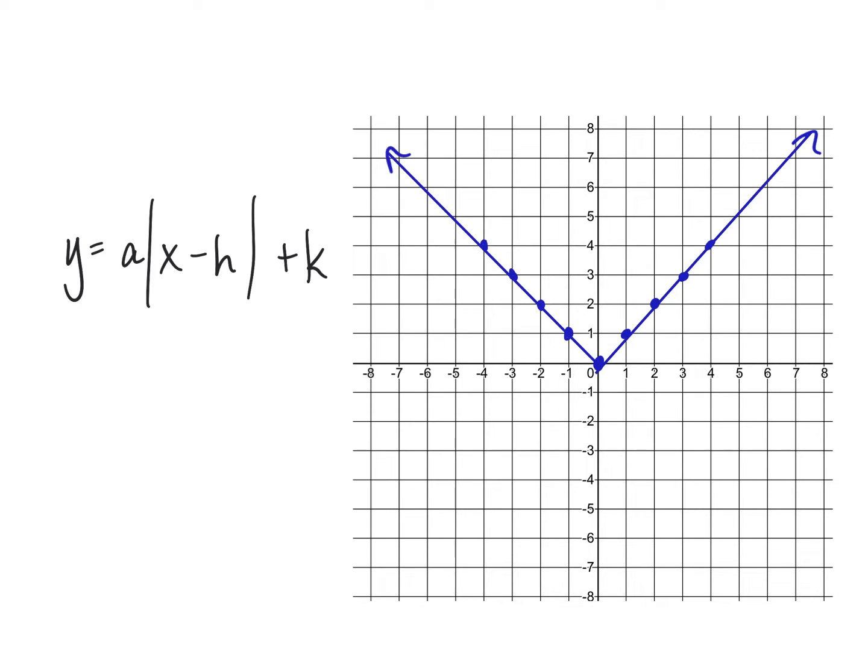So if you have a change in A, if A is greater than 1, then that absolute value graph will get skinnier.